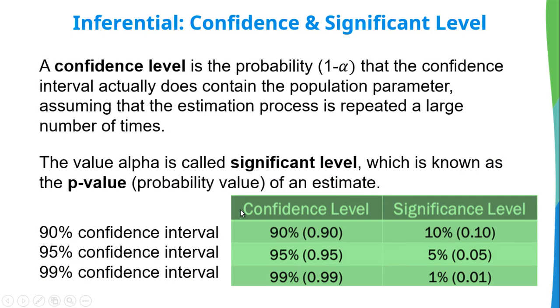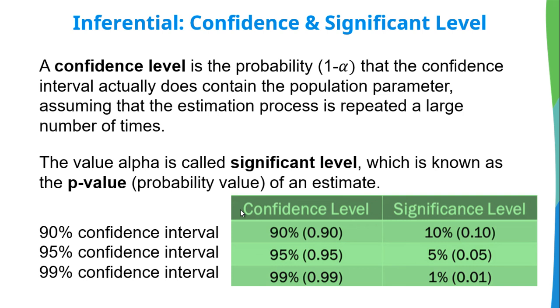All right, so we have a confidence level and a significance level. The confidence level is the probability, which is 1 minus alpha, that the confidence interval actually does contain the population parameter, assuming that the estimation process is repeated a large number of times. Each time we repeat, we have the same confidence level, which could be 90%, 95%, or 99%.